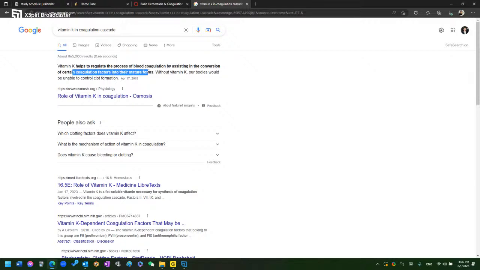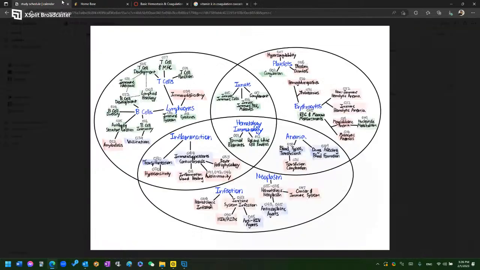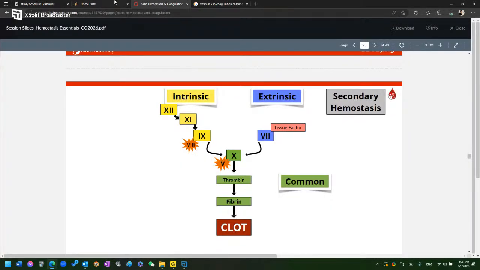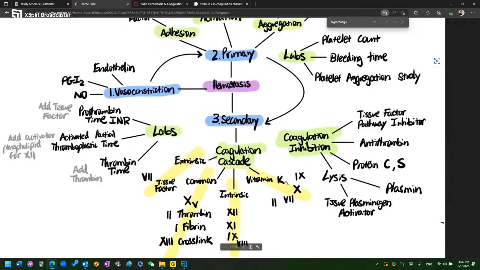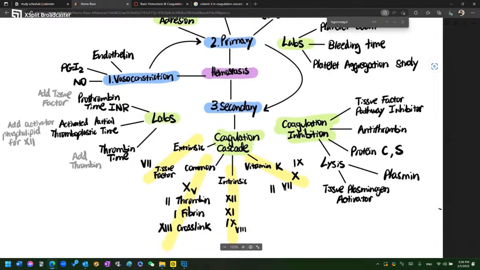So not in making coagulation factors, but it's important in their action, almost like a cofactor relationship. And the ones that need vitamin K are 9, 10, 7, and 2.